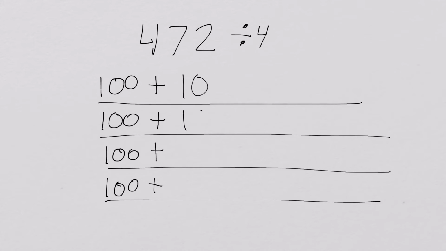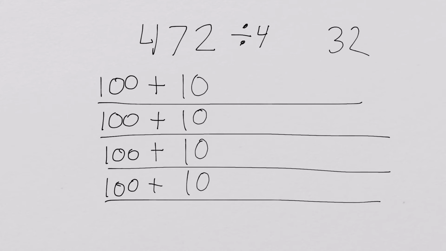So 10, 20, 30, 40. Now by giving away only 40, we still have 3 tens left over. So we're going to have to combine those 3 tens with our 2. And we're going to have, actually, 32. Well, since we're dealing with our ones now, and this is one of our basic facts, what is 32 divided by 4?